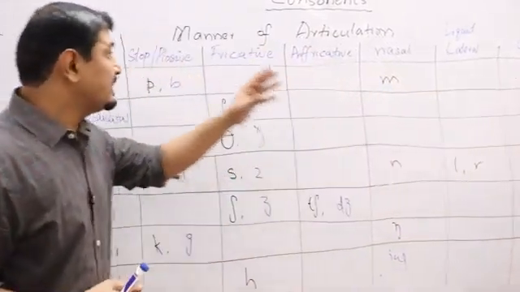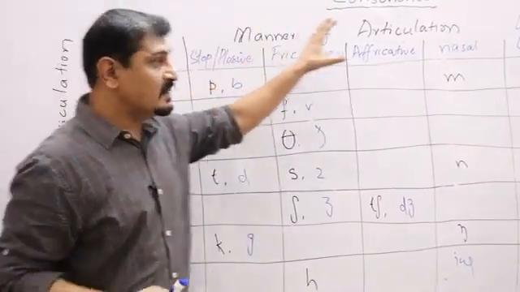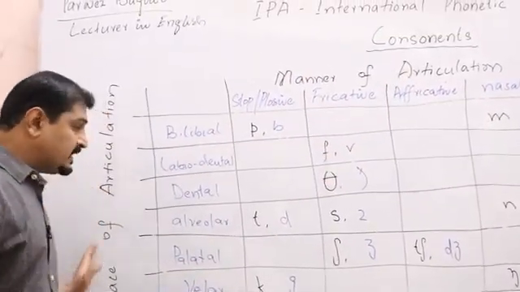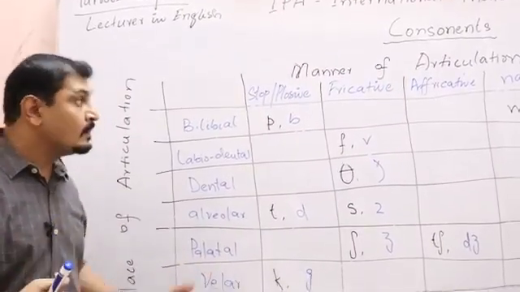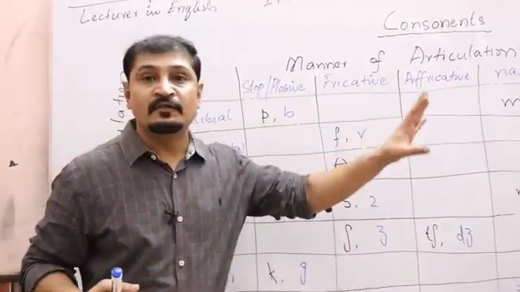I hope you will understand the way we produce our sounds and what the places in our mouth involved in producing our sounds are. And these are a total of 24 consonants.